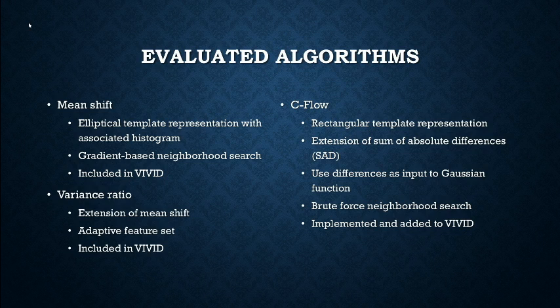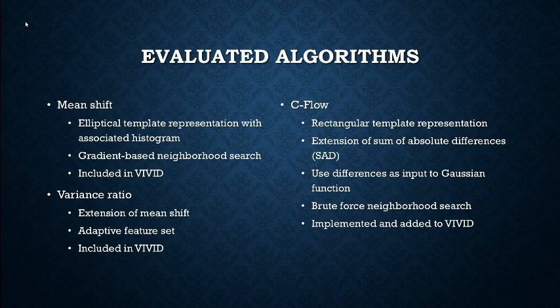The CFlow algorithm is actually more brute force. It doesn't try and intelligently search the nearby area of the last object position. It just searches all possible positions in that neighborhood area, but the computation cost is reduced, because the Gaussian is implemented as a lookup, so it's pretty fast.